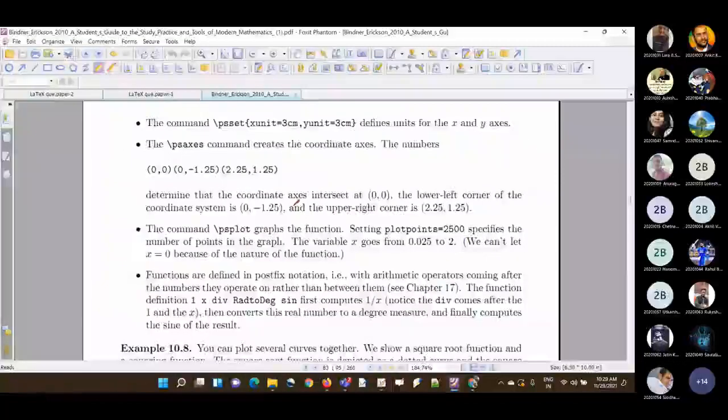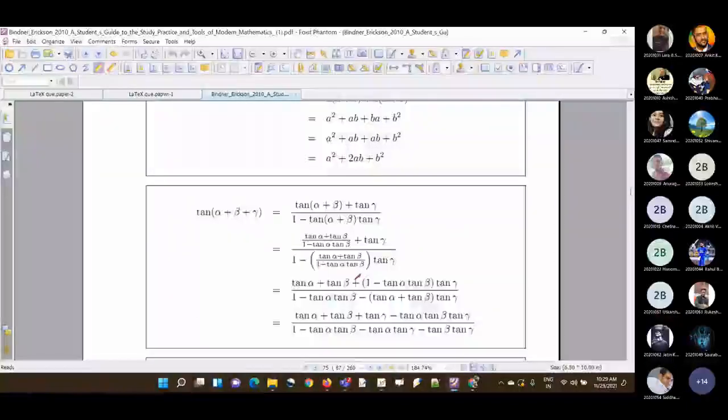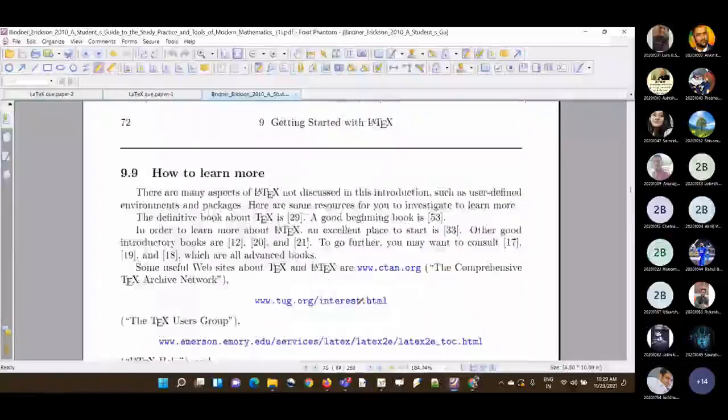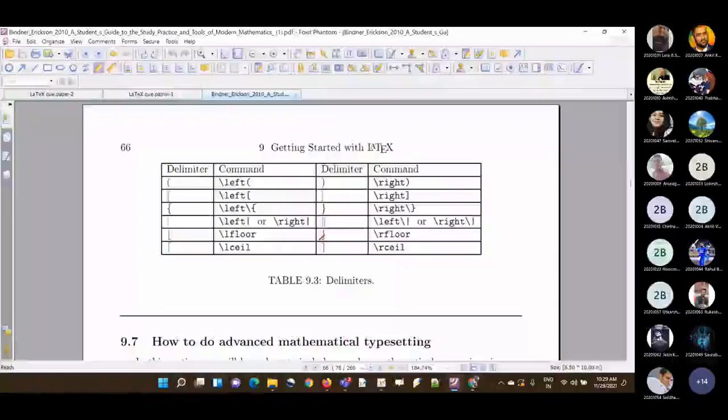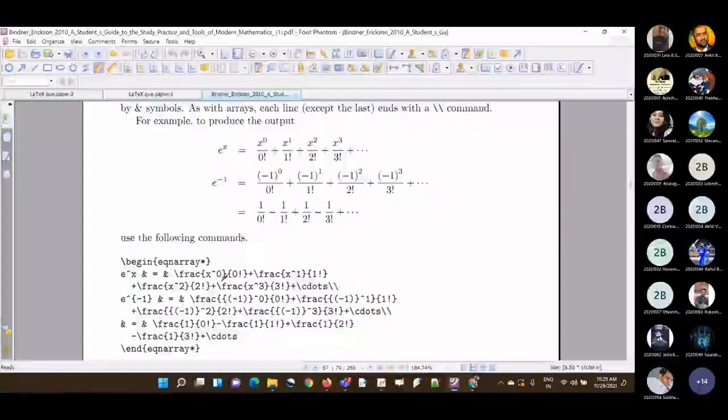Here they are also writing in equation array form. A similar question is there. Here, like this, okay. They are using begin equation array and then end equation array. So from here you can get it, fine.